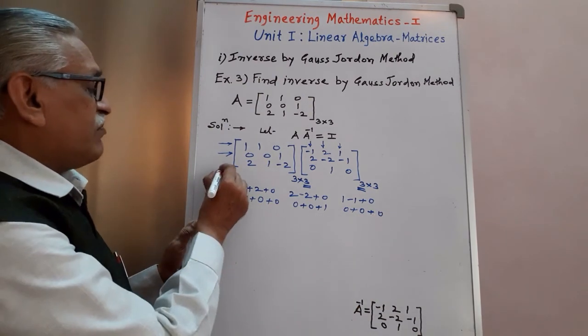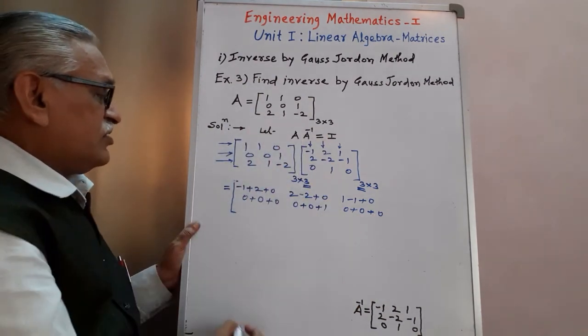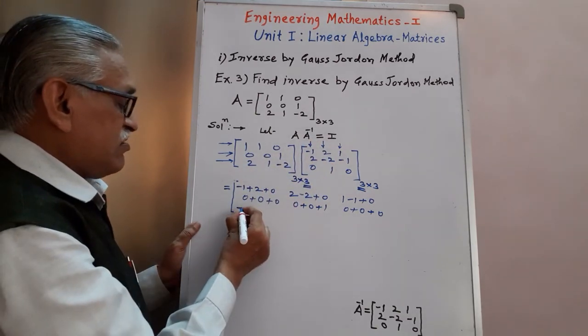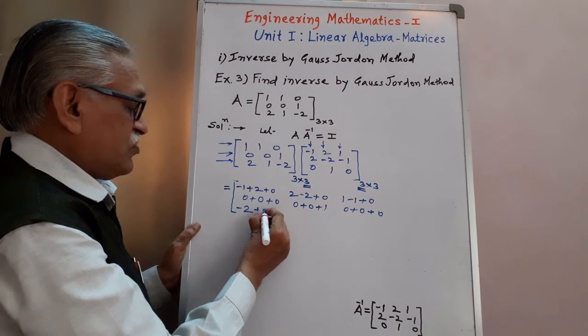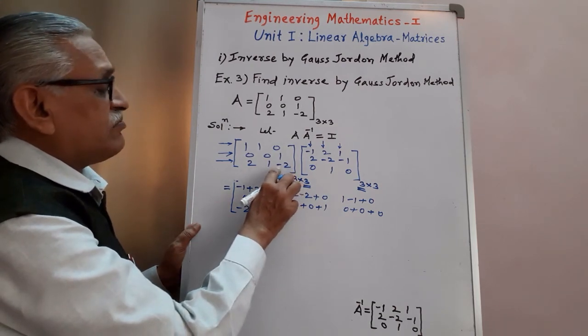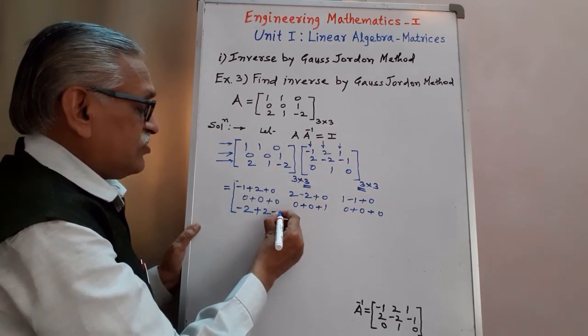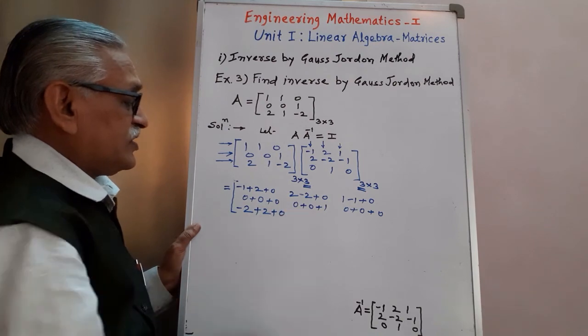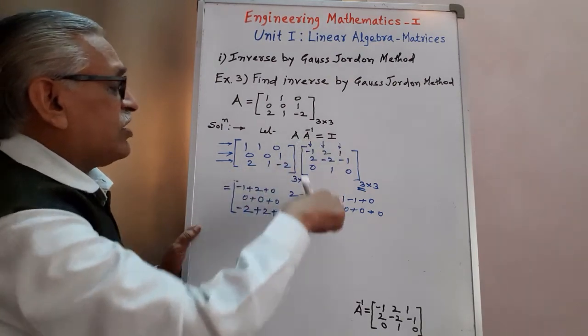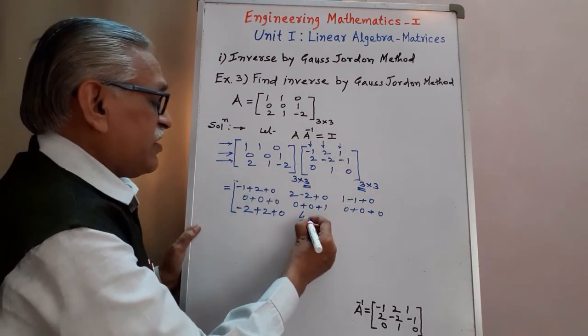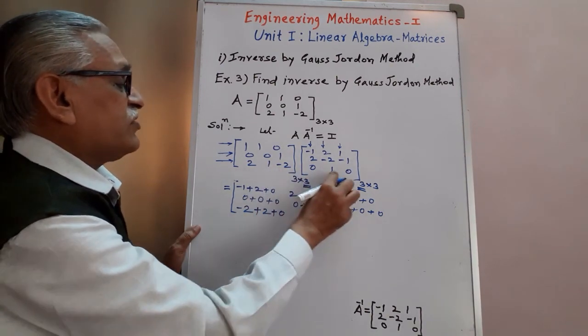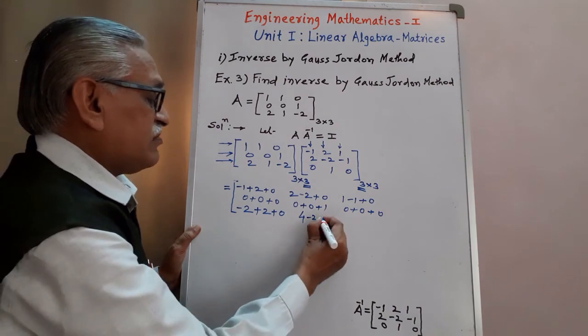Then the third row by the columns: 2 into minus 1 is minus 2, 1 into 2 is 2, and minus 2 into 0 is 0, so we get 0. Then this row by the second column: 2 into 2 is 4, 1 into minus 2 is minus 2, and minus 2 into 1 is minus 2, so we get 0.